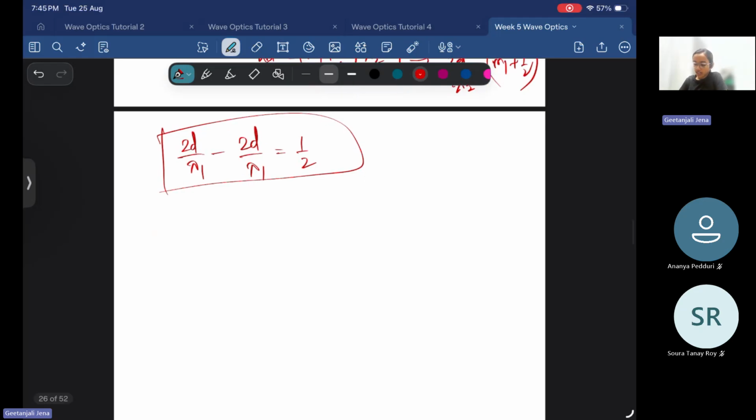Now we are changing d so that we can get the next condition where we'll again see the disappearance of fringes. Let's say we are changing d to d plus delta d. So for this case, we will again have d plus delta d over lambda 1 and d plus delta d over lambda 2. The next path difference that we will see for this case is 3 by 2.